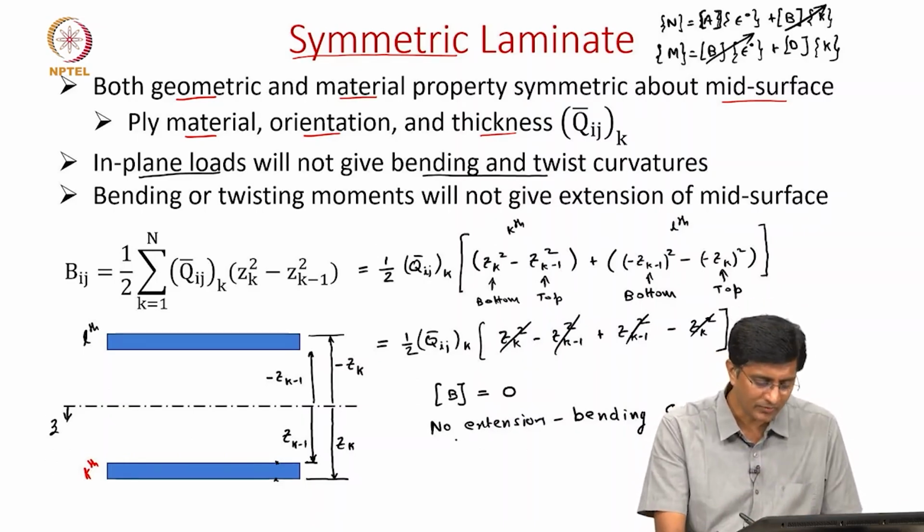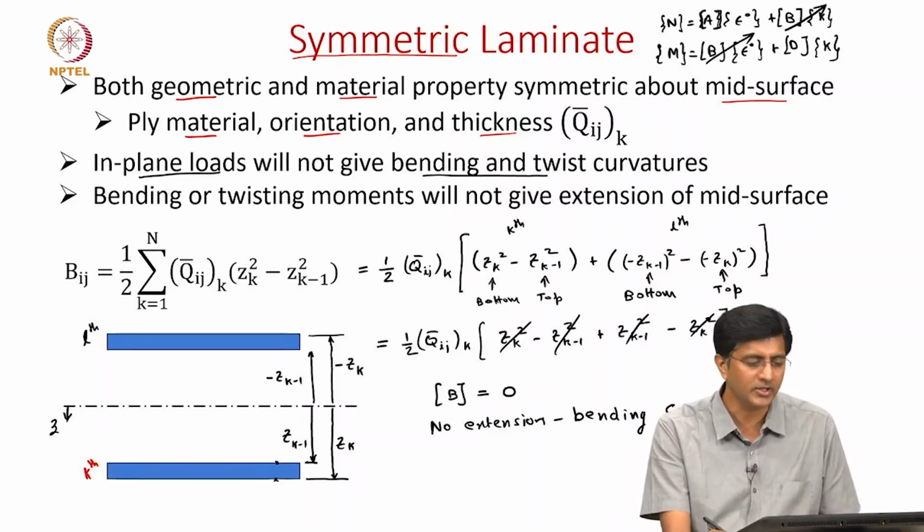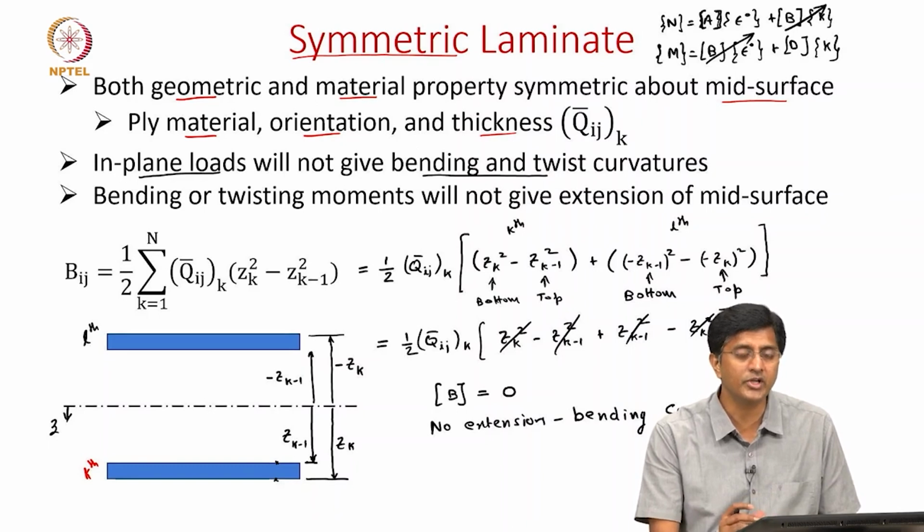Since we don't have this extension bending coupling, symmetric laminates are very commonly used in the industry because it makes the analysis simple. Not just that, but it also makes the manufacturing simple in some cases.